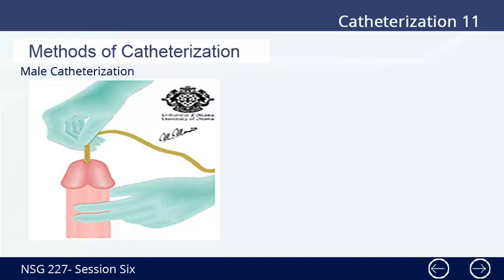Changing the angle of the penis may also open the urethra. If resistance continues, do not force insertion, but remove the catheter and inform the nurse in charge. Resistance may indicate stricture of the urethra or prostatic enlargement obstructing the passage.